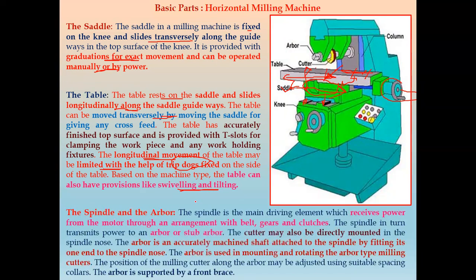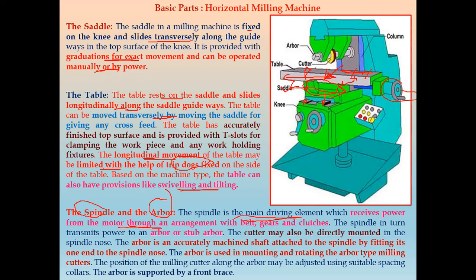Now the next is the spindle and arbor. In the case of a horizontal milling machine, we have an arbor. In the case of a vertical milling machine, we have a spindle. That is the main difference between the horizontal milling machine and the vertical milling machine. The spindle is the main driving element, which receives power from the motor through an arrangement of either belt drive, gear drive or clutches.